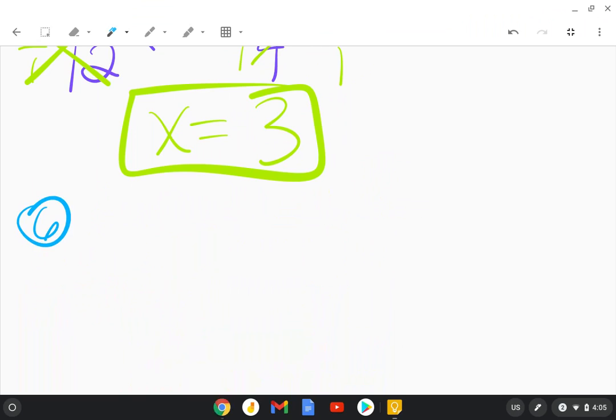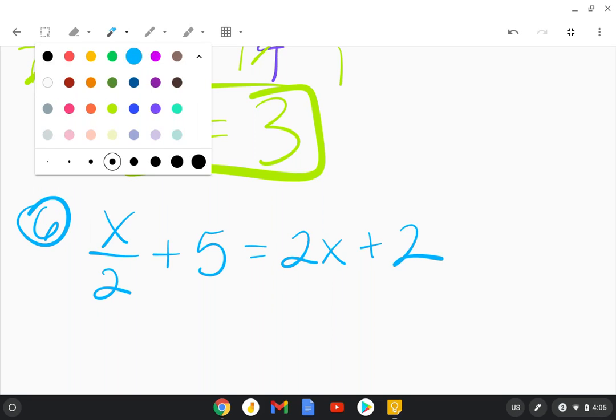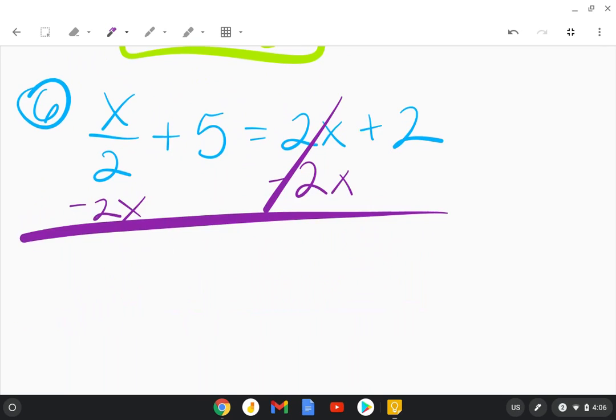And on number 6, we have x over 2 plus 5 equals 2x plus 2. All right. We're going to do the same thing we've been doing. We're going to subtract 2x. We're going to subtract 2x over here. That's going to cancel, leaving me with x over 2 minus 2x.